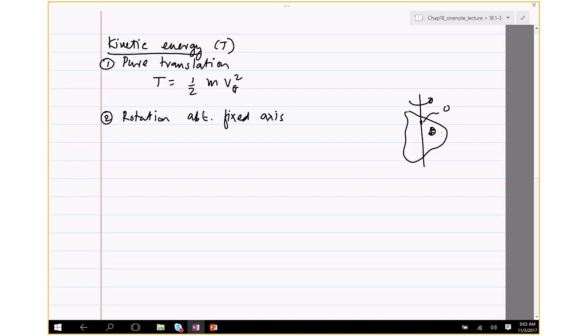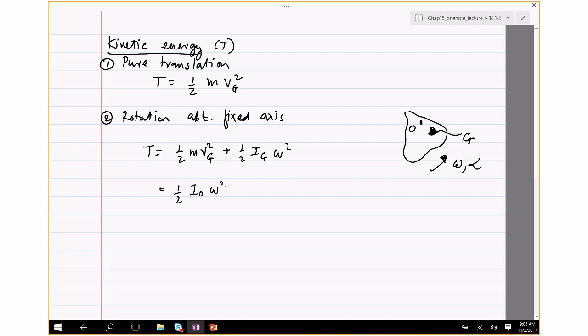This is the point O, this is G. It's rotating about the axis O. In this case, the kinetic energy is either half m vG squared plus half IG omega squared, or if you knew the inertia about the axis of rotation, which is IO, then you could just write it as half IO omega squared. Both of these are valid formulas.